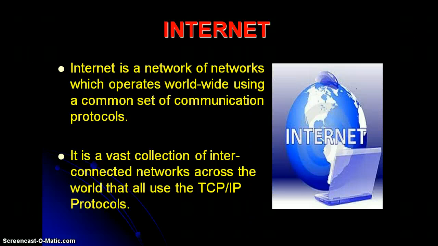They can be any type of computer and be single personal computers, or workstations on a college or a company network. The internet is often described as a network of networks which operates worldwide using a common set of communication protocols like TCP/IP.